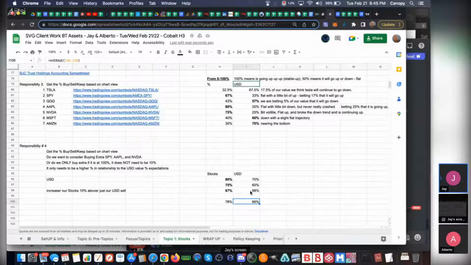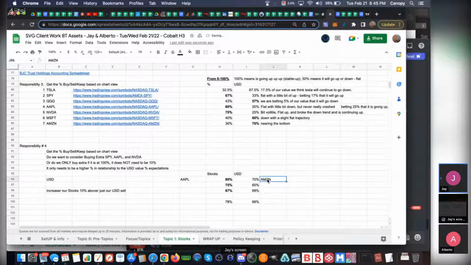So just by keeping the US dollar in relationship to the Tesla, that is the same value for all of the stocks. Whereas for Amazon, when we sell the Amazon stock and we have 70% US dollars, it's more US dollars than we actually need. So of this Amazon money, this is the lowest one, we could put that into the highest one, which is Apple.